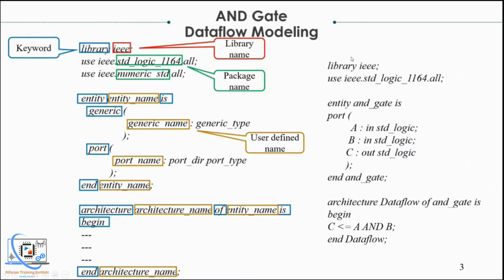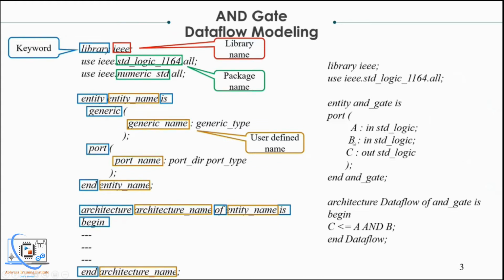So this is the VHDL code for an AND gate. Library, and the library name is IEEE. We are using the package std_logic_1164. Then entity, and the name of the entity is AND_gate. I have given this name, you can use any name for this AND gate. Then we are defining the ports A, B and C. A is an input port, so we have given the direction in, and it is of type std_logic.